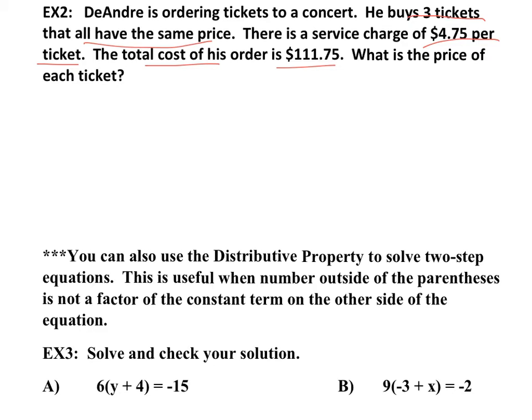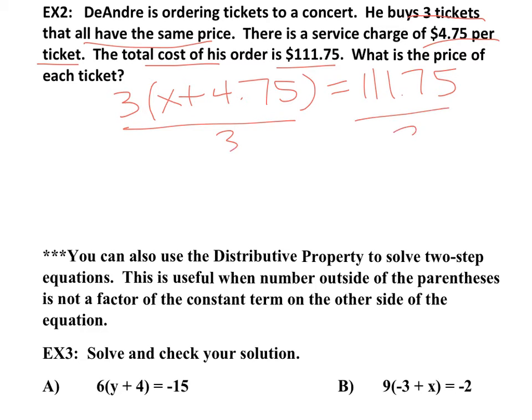So if he's purchasing 3 tickets and we know that each ticket has a service charge of $4.75, then we know that the cost of the ticket is going to be added to the service charge for each one of those tickets. So we have 3(x + 4.75) = 111.75. Now we can use the division property where we divide each side by 3, so we can cancel it out.